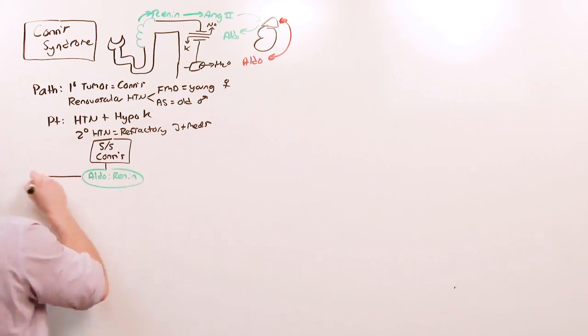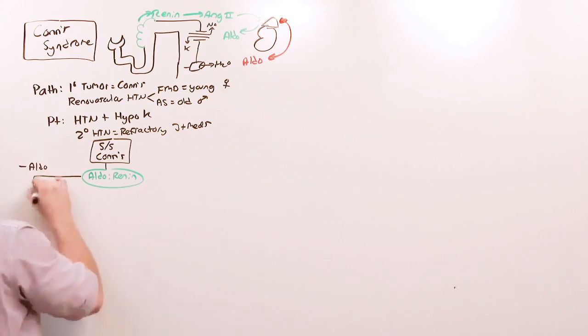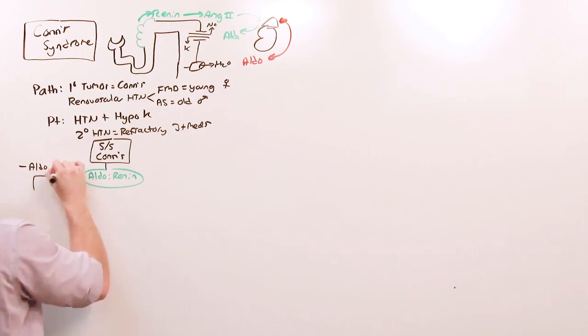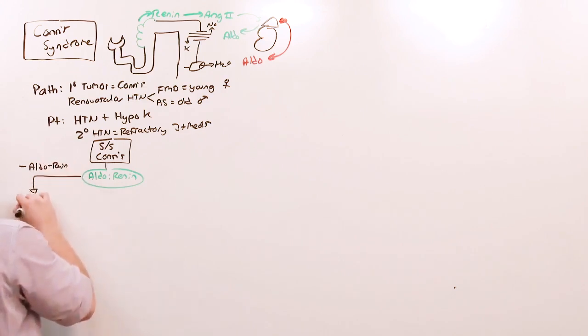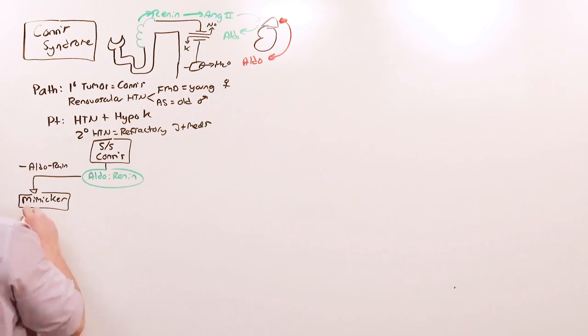Because if aldo is not elevated and renin is not elevated, you have a mimicker. Don't commit too much of this to memory, but your differential includes congenital adrenal hyperplasia and licorice ingestion.